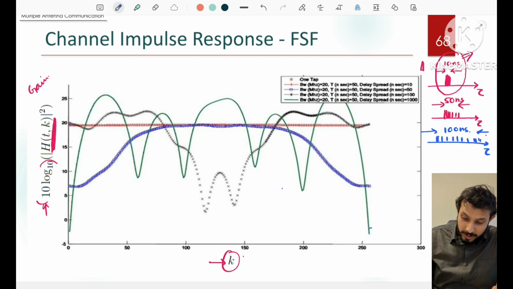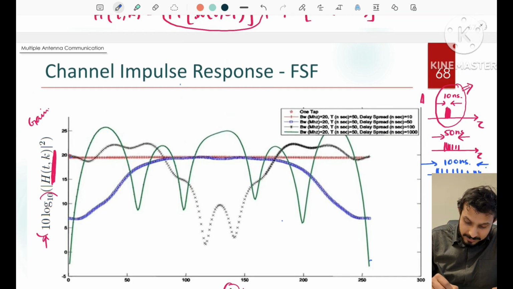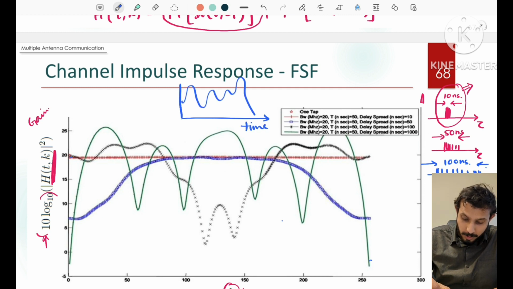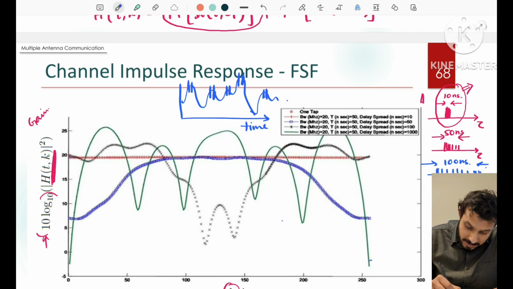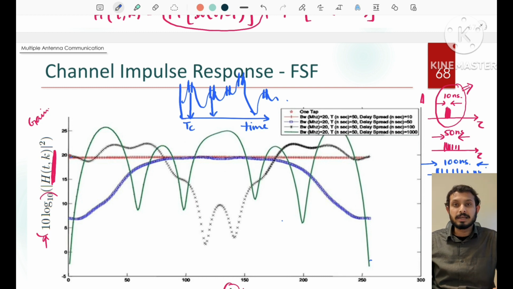Like coherence time, in the case of coherence time we have seen that if this is the time axis and this is the signal response, then in this time the signal is highly correlated to itself. That means there is a selection of time where we can achieve a high correlation in the signal.